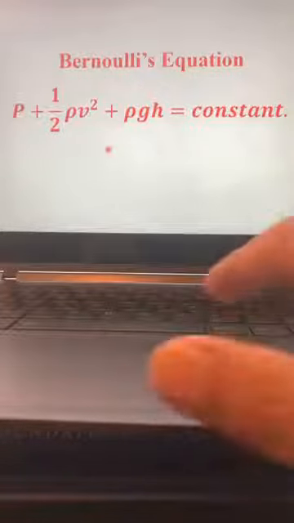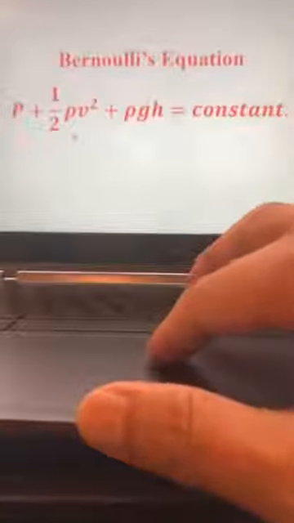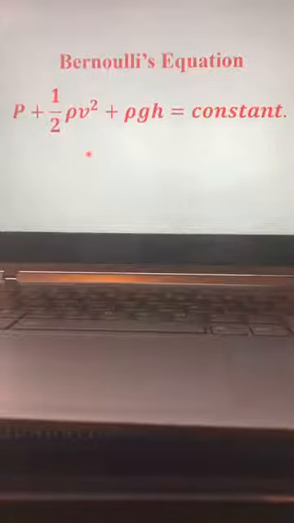In the last class, you saw that the kinetic energy is half m v squared. So instead of half m v squared, I have written here half rho v squared, where rho is a Greek letter, the mass density. What that means is rho is mass divided by volume.